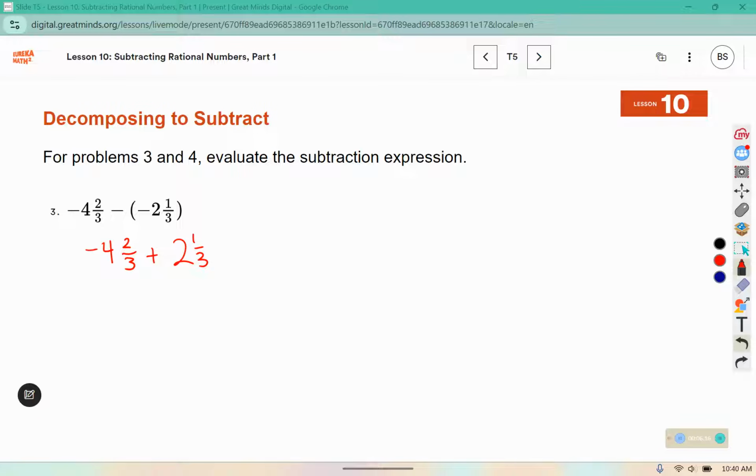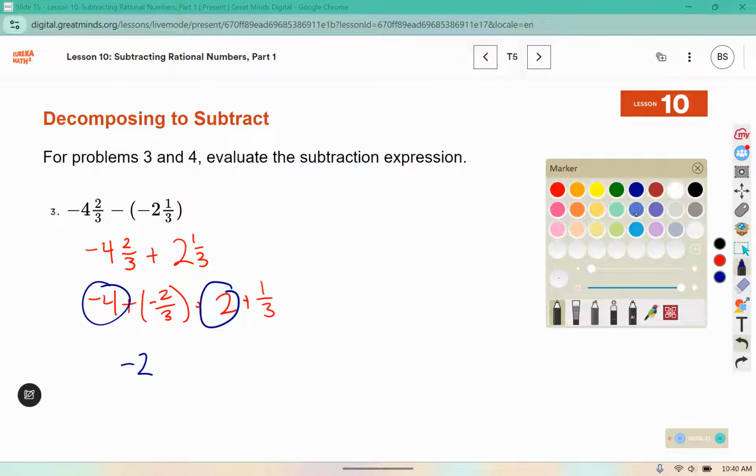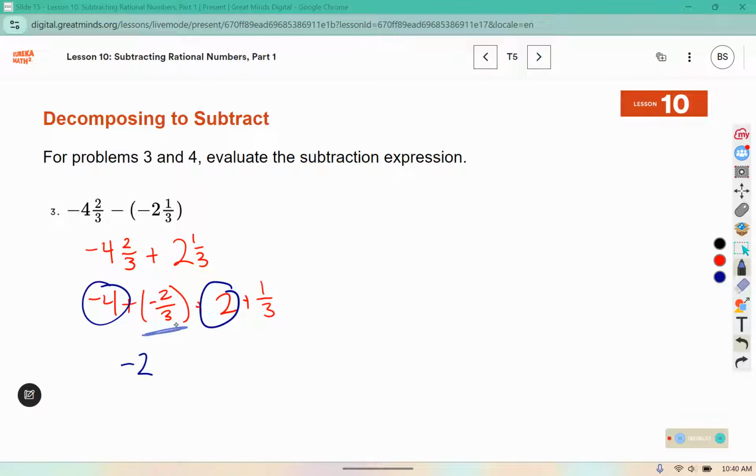So I have -4, -2/3, 2, and 1/3. We can combine these to get -2, and we can combine these to get -1/3. -2 plus -1/3 is -2 1/3.